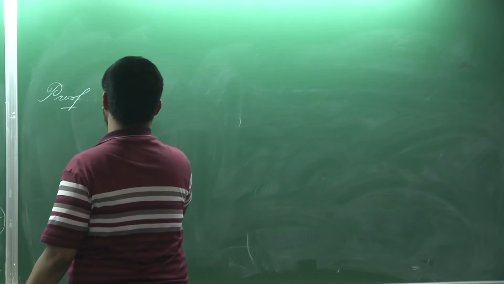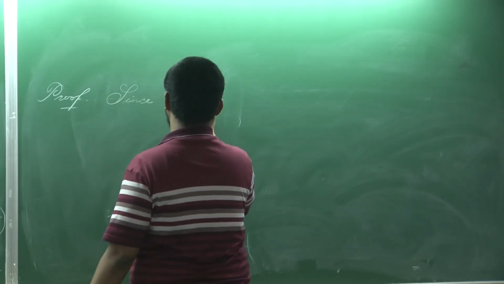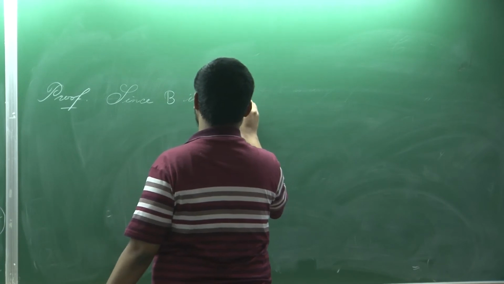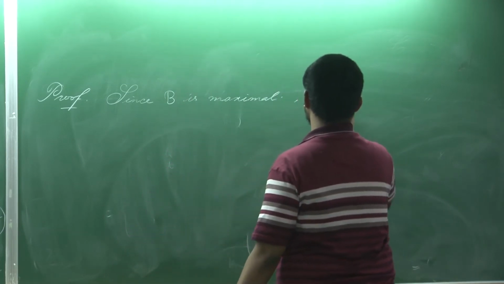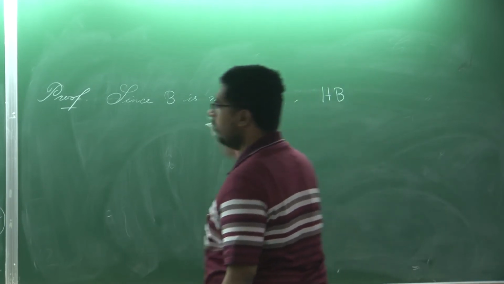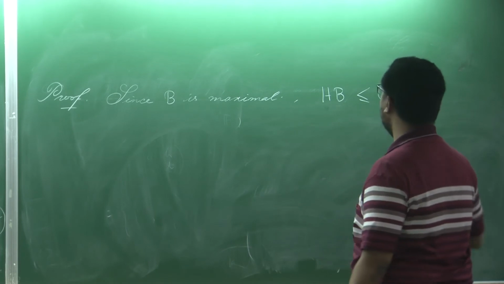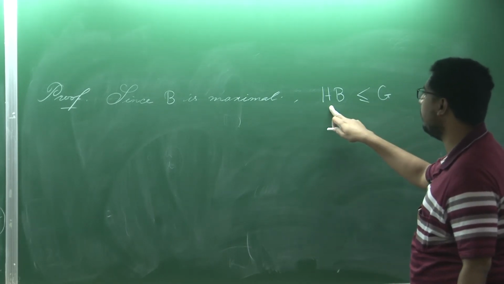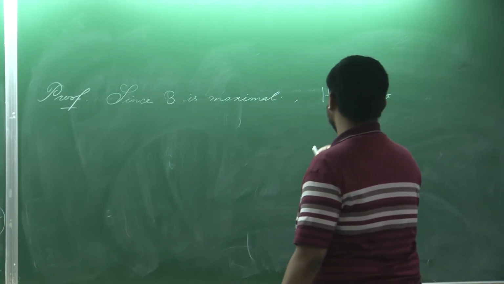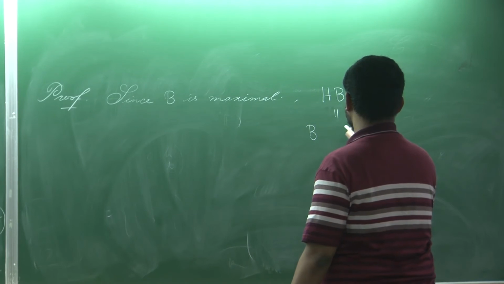Since B is maximal, and H is normal, HB is a subgroup of G. Since B is maximal, for this HB there are only 2 possibilities, either B or G, right?